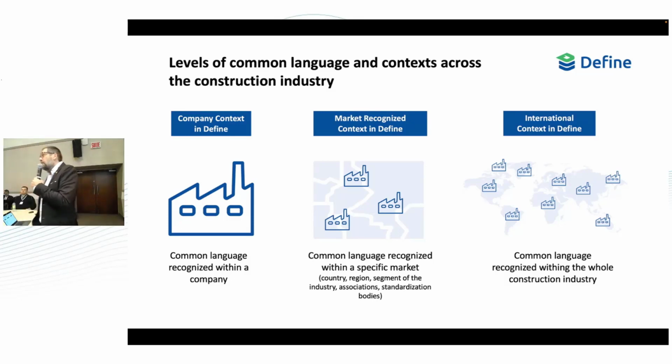Then you have some properties, some definitions which are more market recognized. It can be at a country level, it can be at a region level, it can be for specific industries and specific associations. So that's the second level that we will be able to handle.